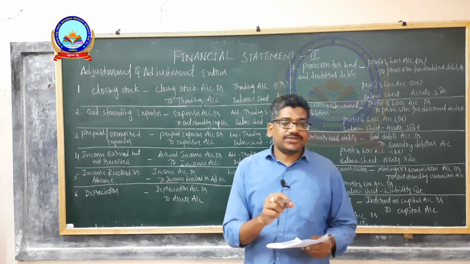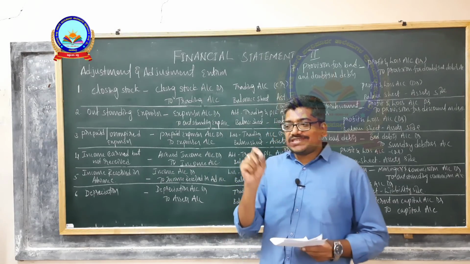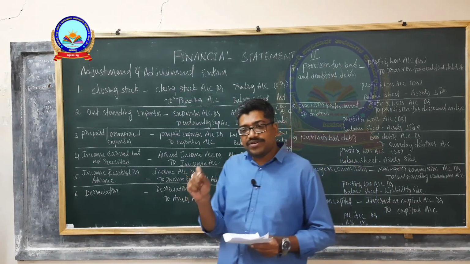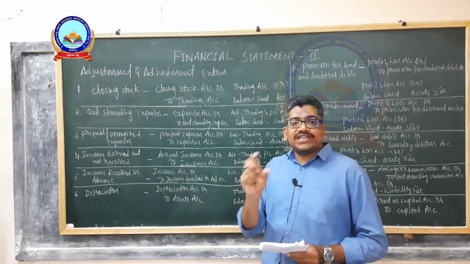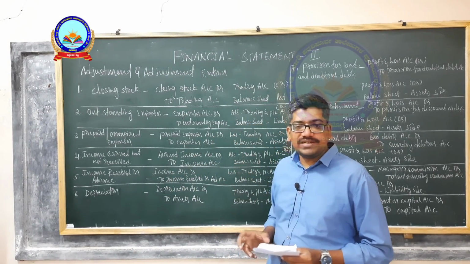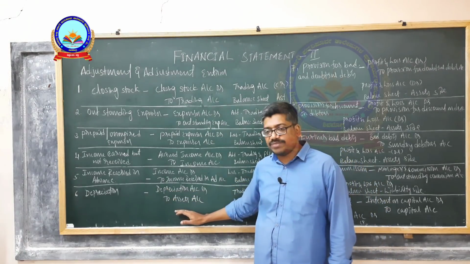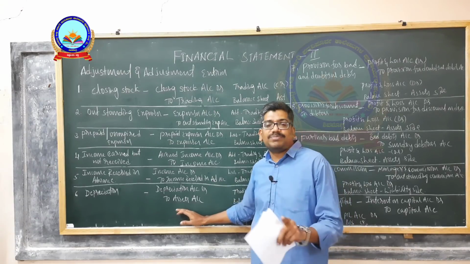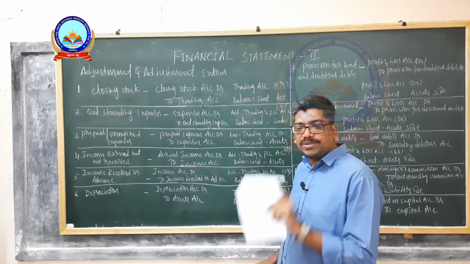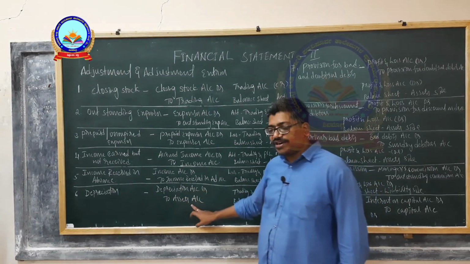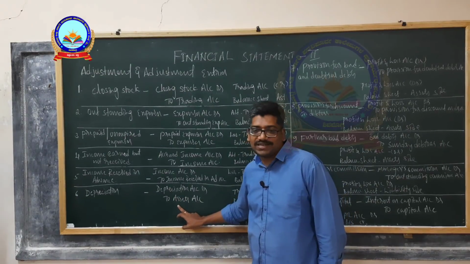Because of use, wear and tear, and changes in technology, the fixed assets lose their value gradually, slowly. That slow or gradual decrease in the value of assets is called depreciation. Depreciation is an expenditure to the business, and we have to record it in the books of accounts, in the profit and loss account, as well as in the balance sheet. The journal entry for recording depreciation is depreciation account debit to concerned assets account.